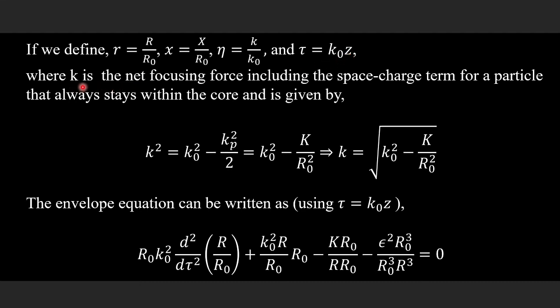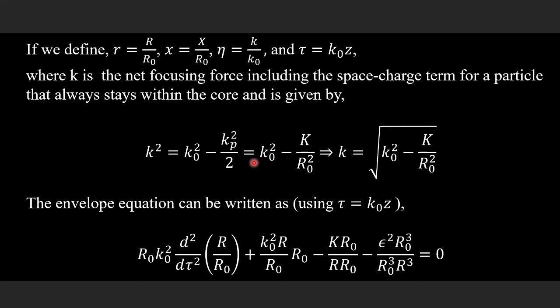Now about k. Small k is the net focusing force on the particle, and that includes the space charge force and the external focusing force within the core, and it is given by k squared equal to k naught square, which represents the external focusing force, minus kp square over 2. So kp is the plasma wave number, but since we don't want to discuss the plasma wave number right now, we write kp in terms of my generalized permeance.